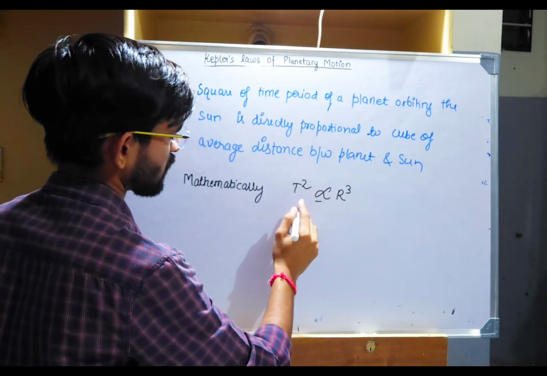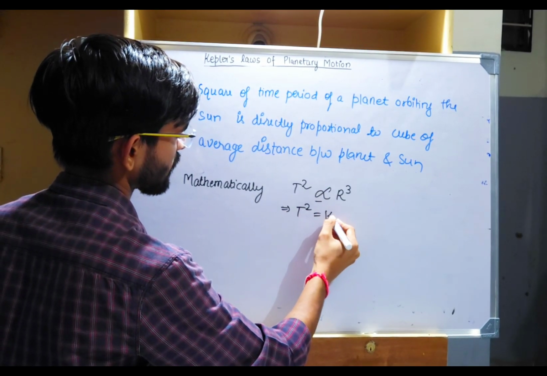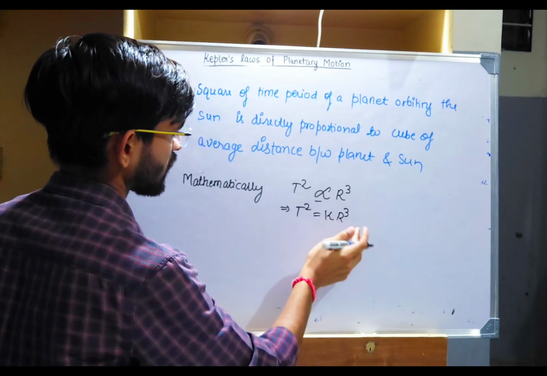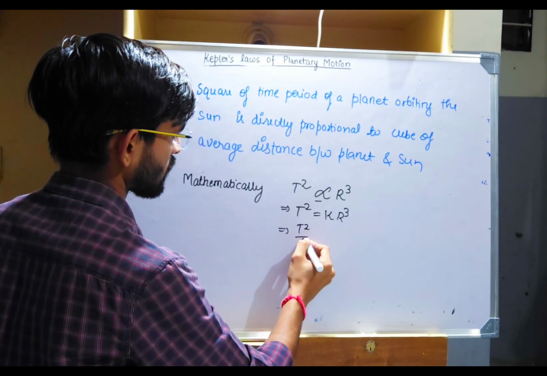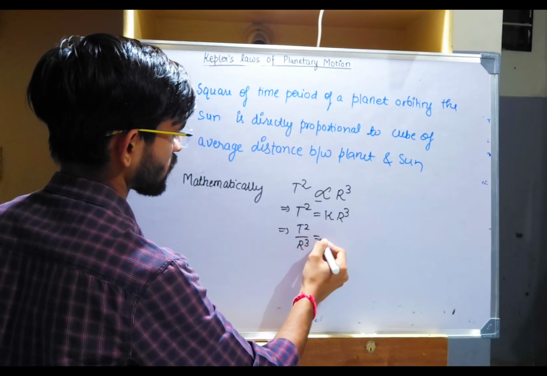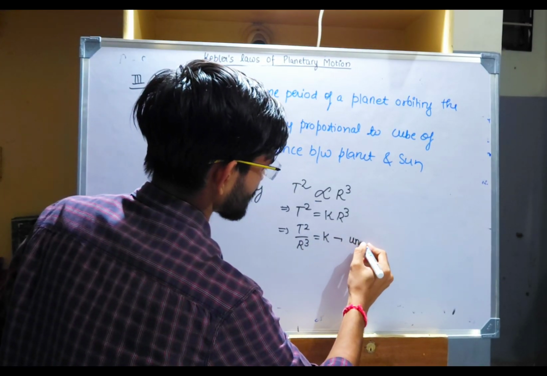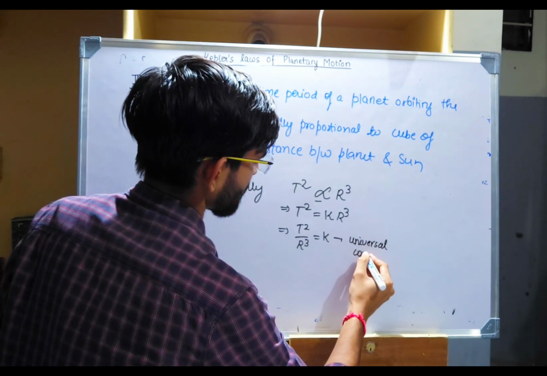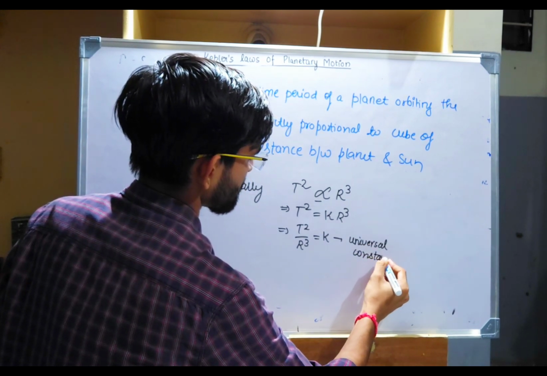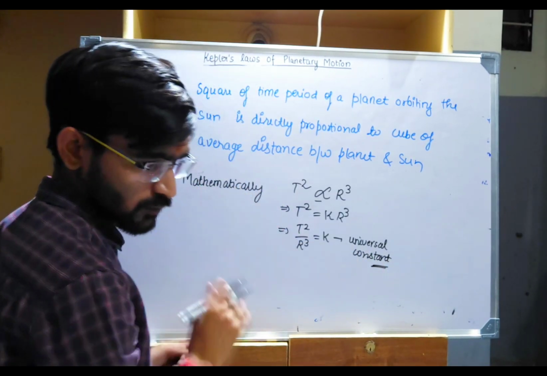We can replace this proportionality symbol with an equal to sign by putting a constant: t square equals k r cube. Take r cube to the left hand side, t square upon r cube equals k. This k is a universal constant.